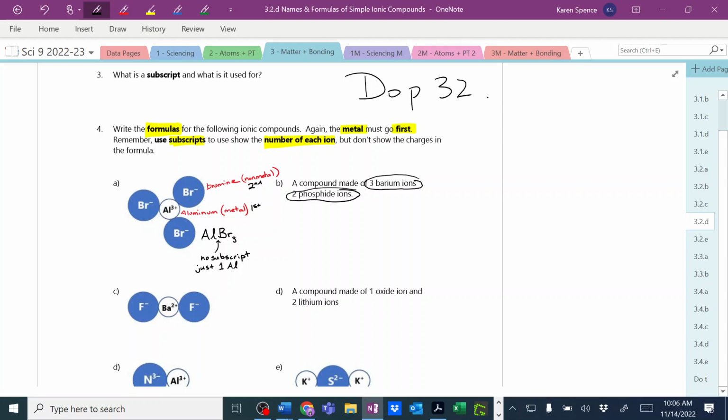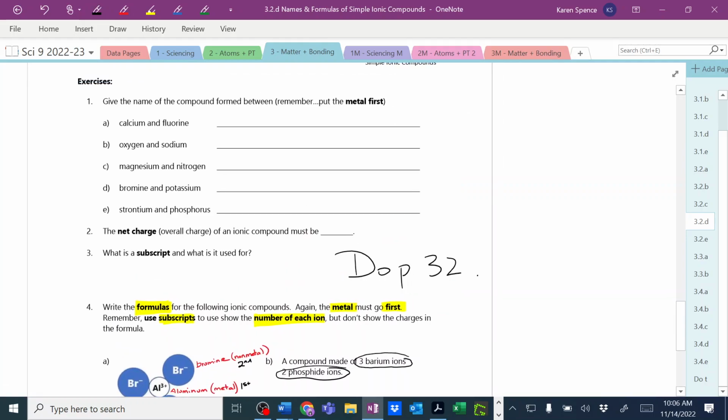And for number 1, you're just doing the name, you're not doing the formula. So you're not looking for the CaF, you're looking for calcium fluoride. Okay, so just the name for number 1.